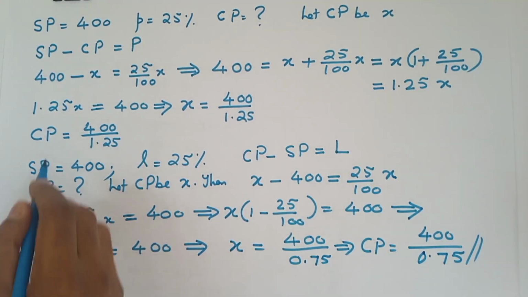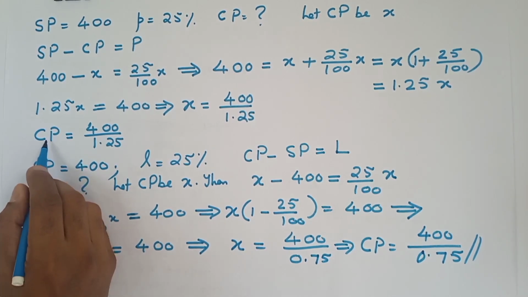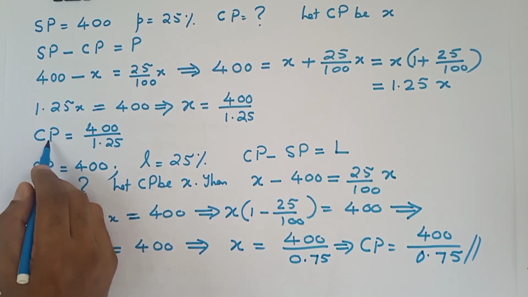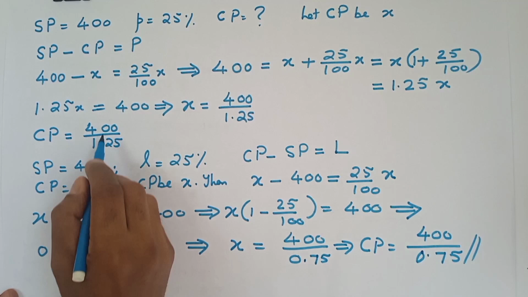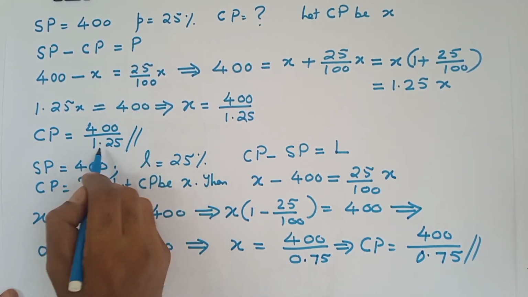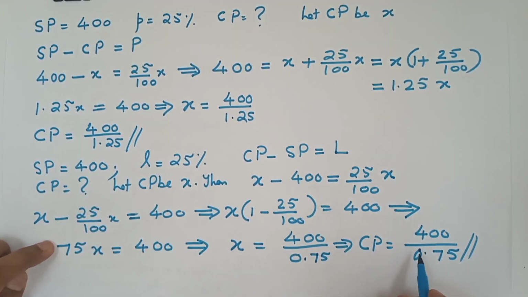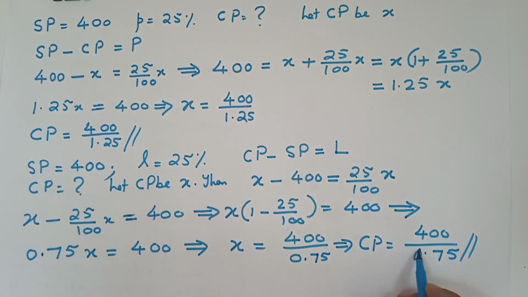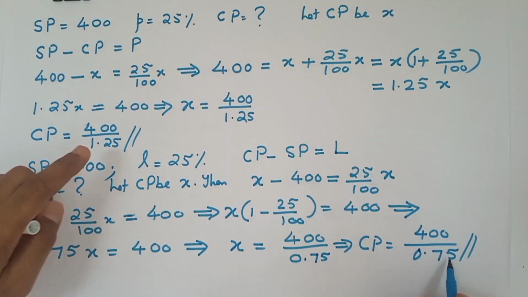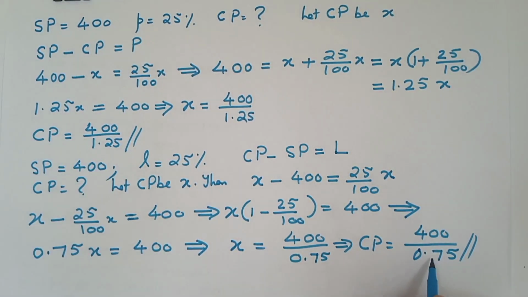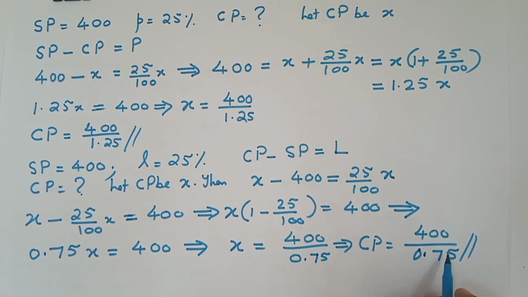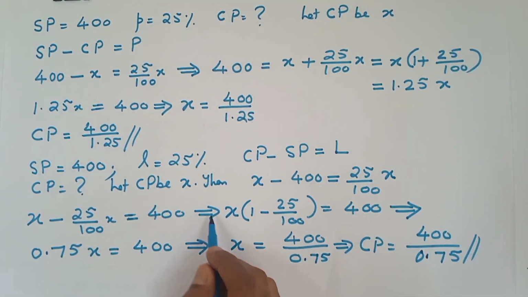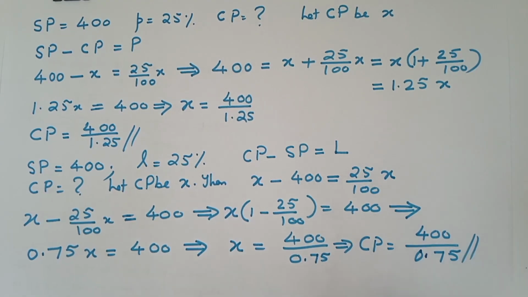See, in the previous case, to get CP, where it was a profit percentage, you divided 400 by 1.25. The same thing we do here. SP is divided by, but with a different number. Instead of 1.25, you have 0.75. As you know, 25% is the loss given. So 0.75.